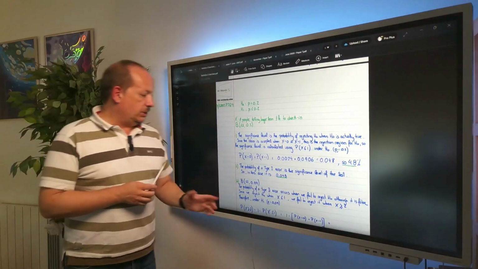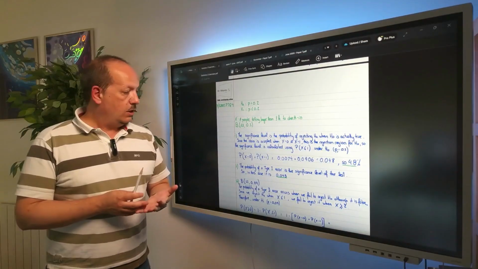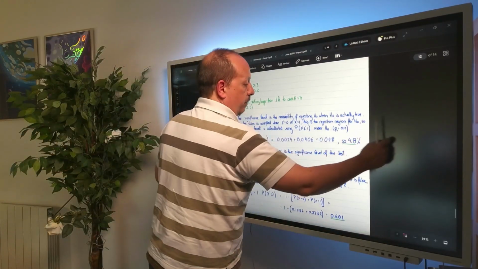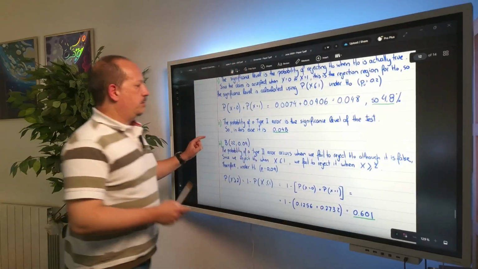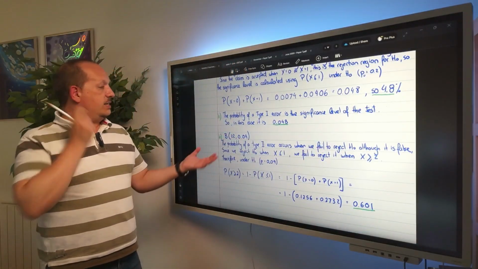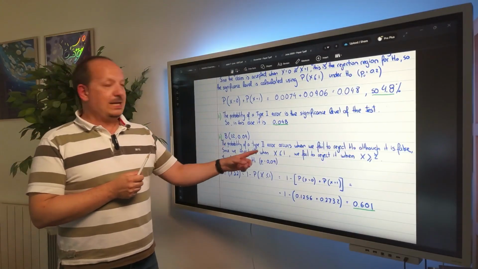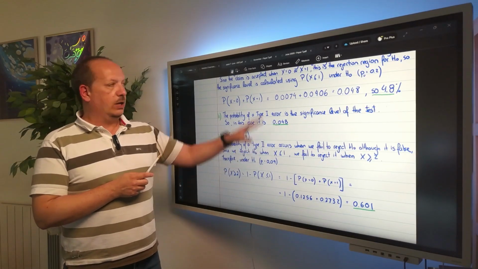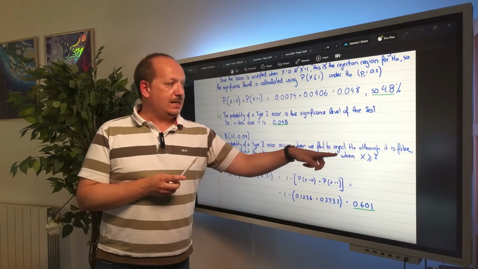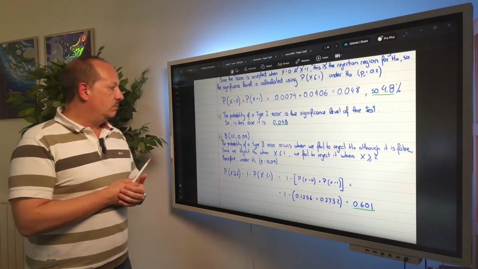The probability of a type 2 error occurs when we fail to reject H0, although it is false. Since we reject H0 when X is smaller or equal to 1, as we saw before, we fail to reject it when X is bigger or equal to 2.